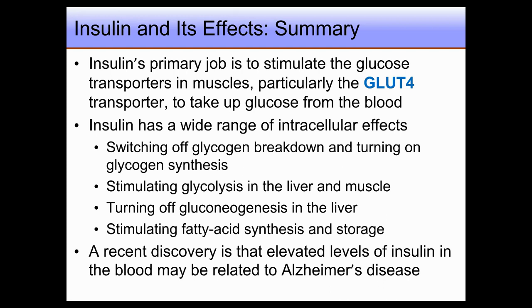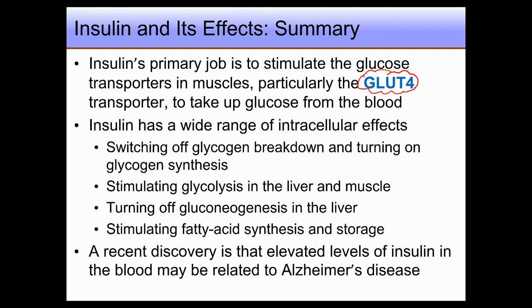Okay, so insulin's primary job is to stimulate those glucose transporters, the GLUT4, to take up glucose from the blood. And then the other thing that it does is it says, hey, we don't want to break down glycogen, right?